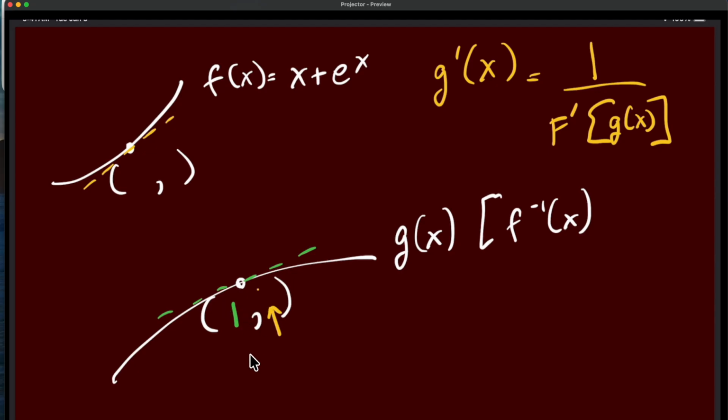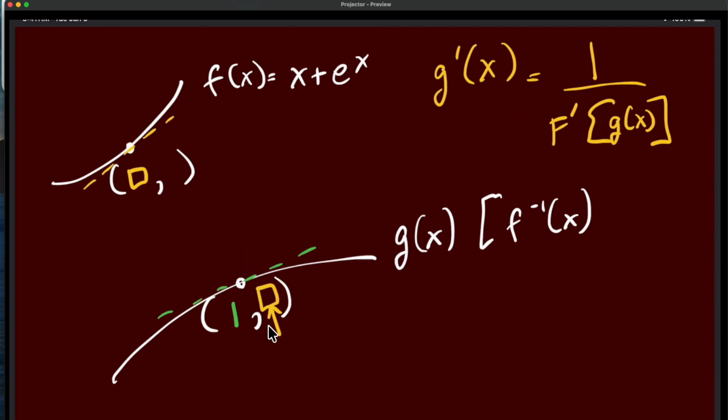So it turns out this value, whatever that is, is going to show up here on f, and we're going to take f prime of that value. And whatever we get is going to go into the denominator of our answer. Okay, so now how do we get that box? That's what we need, because once we have that, we're going to plug that into f prime. And whatever we get is going to go into the denominator.